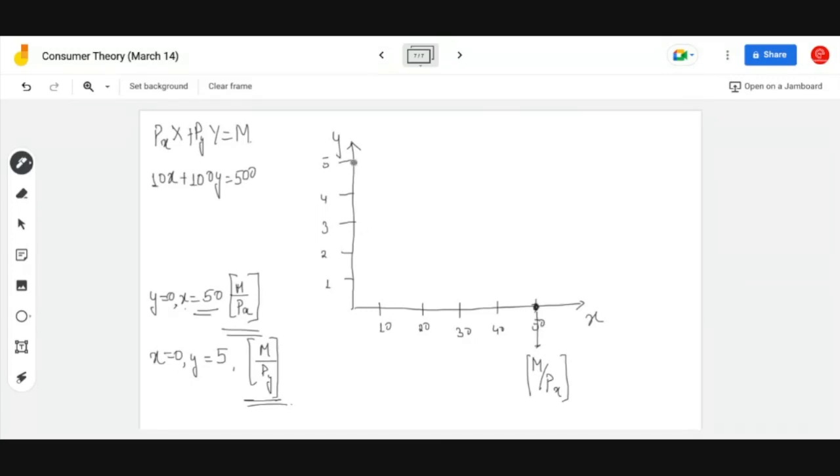So again this gives us the maximum of good Y that can be purchased using this budget, that is income and the price. So this point is nothing but M upon Py. The budget line is nothing but a combination of these 2 points.